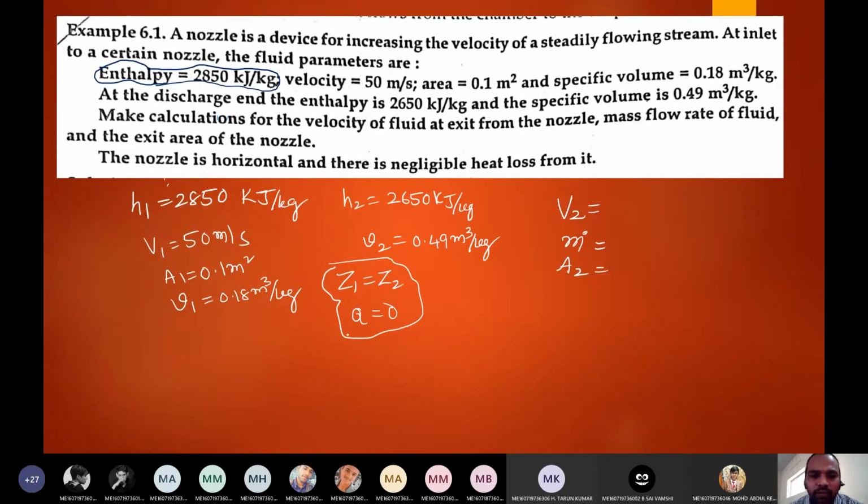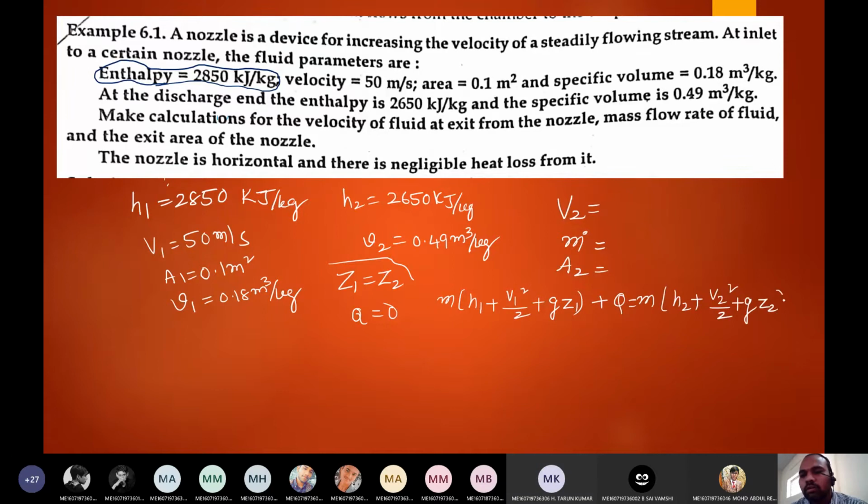So generally the steady flow energy equation will be M into H1 plus V1 square by 2 plus GZ1 plus Q is equal to M into H2 plus V2 square by 2 plus GZ2 plus W. In this one, now Z1 and Z2 can be cancelled because he given that the nozzle is in the horizontal direction, and no heat loss, Q is also 0.